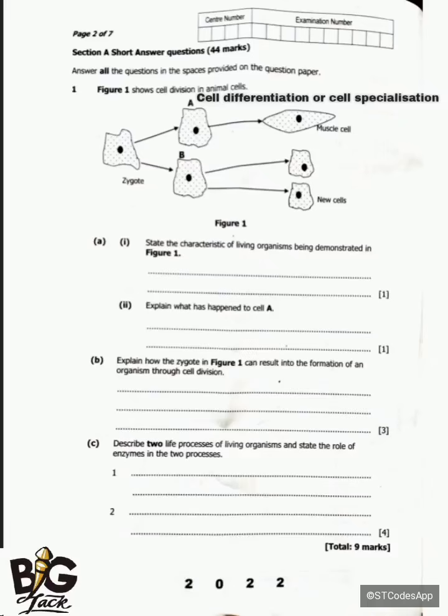So we can say the process of cell B changing to form new cells is called mitosis, because during mitosis, two daughter cells which are diploid and genetically identical are produced.